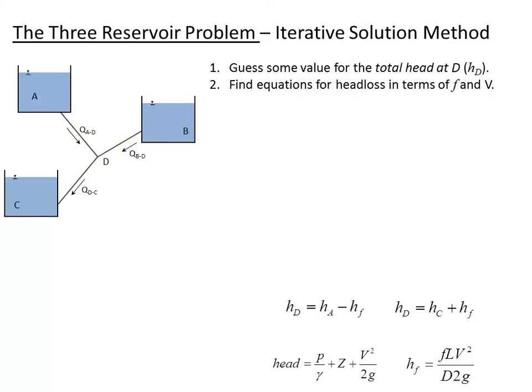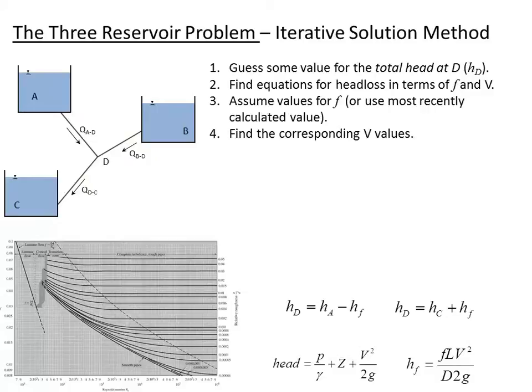So what I'm saying here in step 2 is that for the head loss equation, we're going to have H sub F, just the friction losses between C and D, and we're going to write it in terms of the length of the pipe between them, which will be known, and the diameter, which will be known, but what will be unknown is F and V. So we'll write the head loss equation and leave F and V as variables.